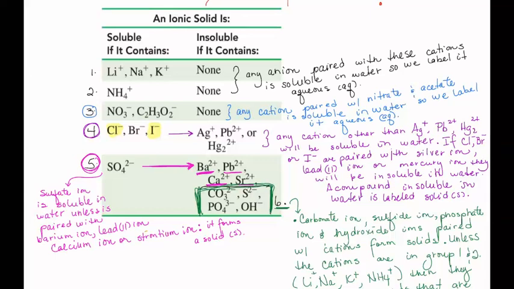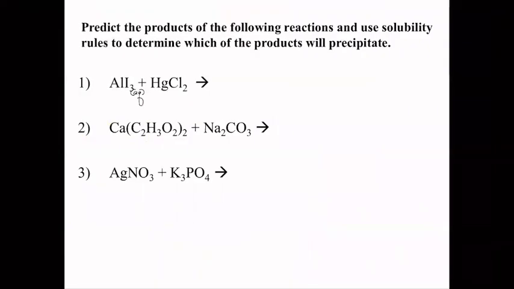So rule number 4 says that if you have chlorine, bromine, and iodine, you're soluble unless you're paired with silver, lead 2, or mercury ion. So when it comes to this reaction, this is already a solid.